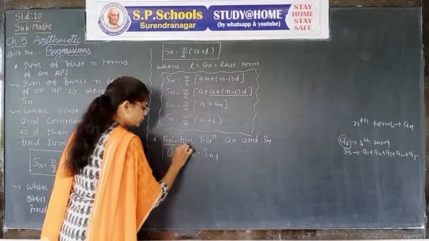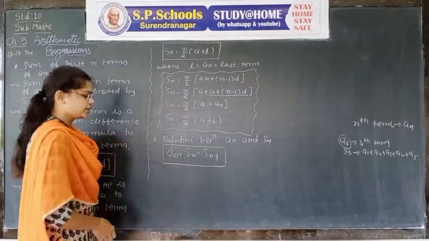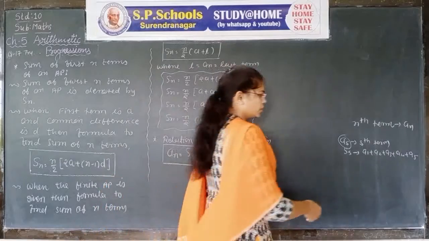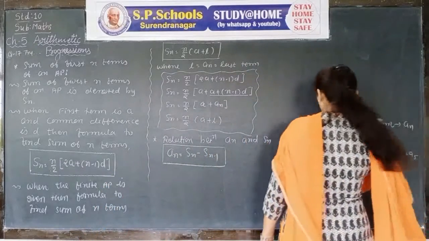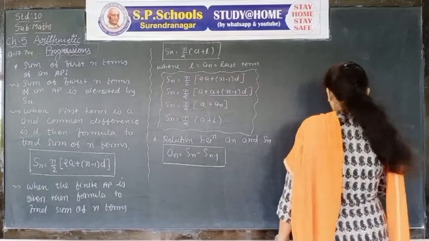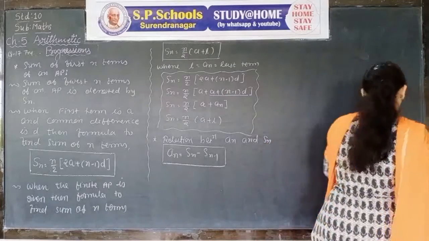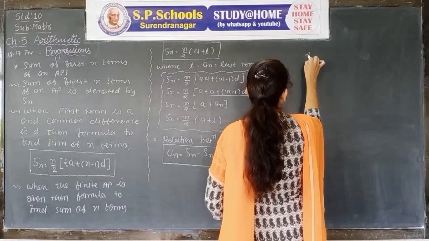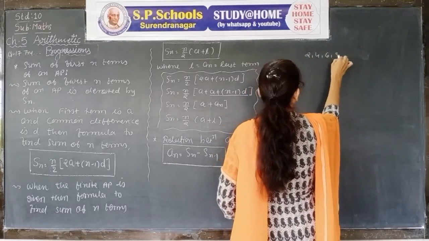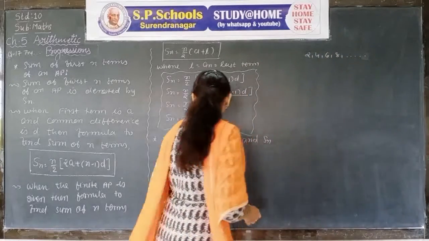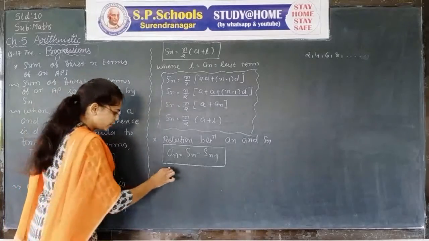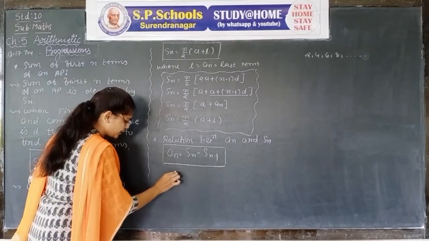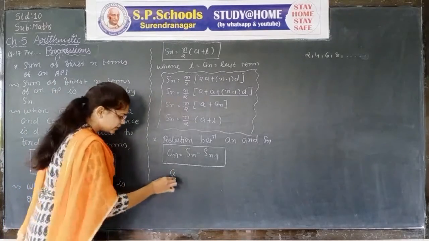It is the most important relation. Let us see one example for an equals Sn minus Sn minus 1. Let us take one AP, suppose 2, 4, 6, 8 up to infinity. Take n as one number, suppose n equals 10 here.